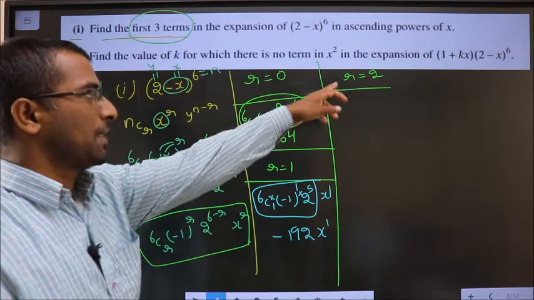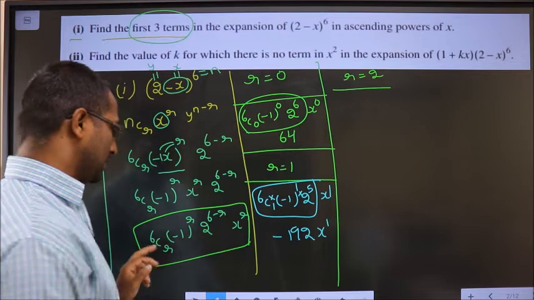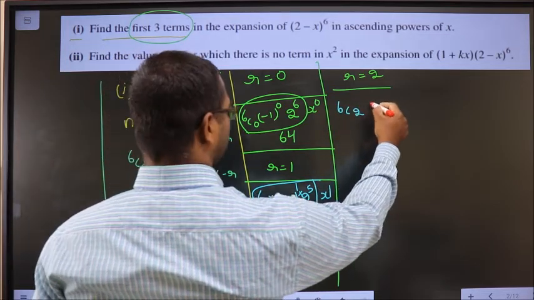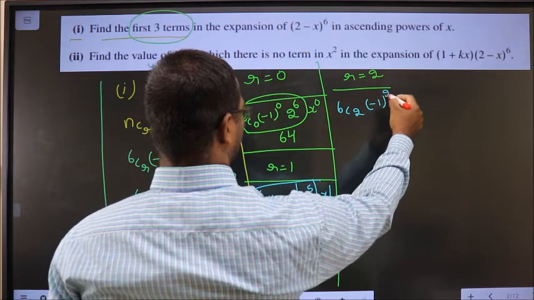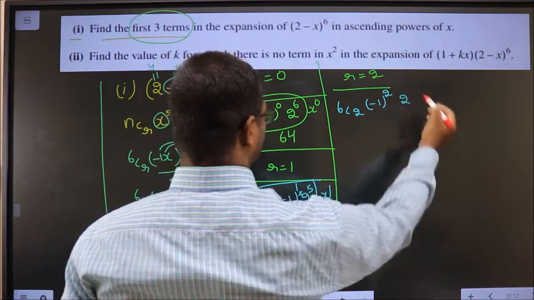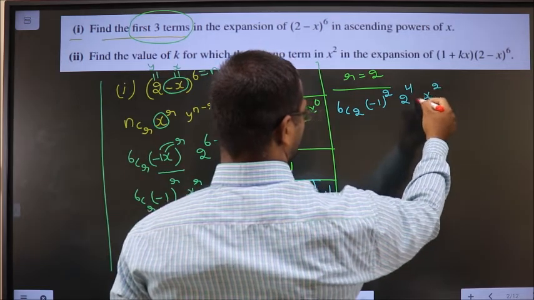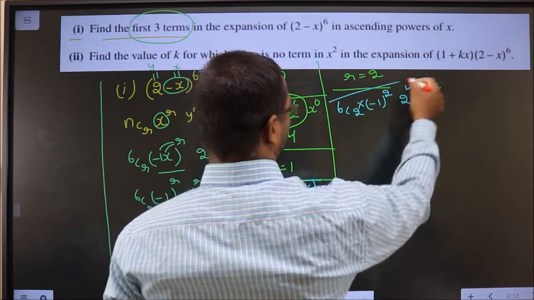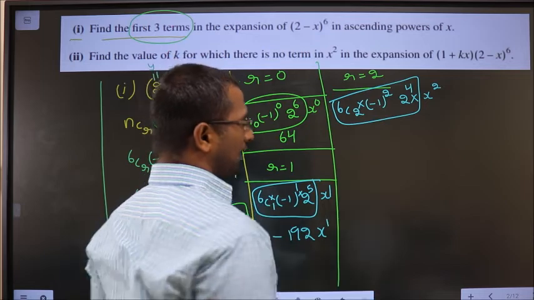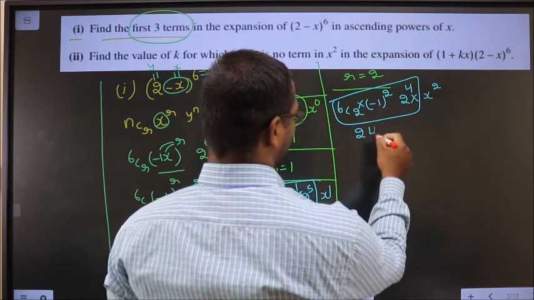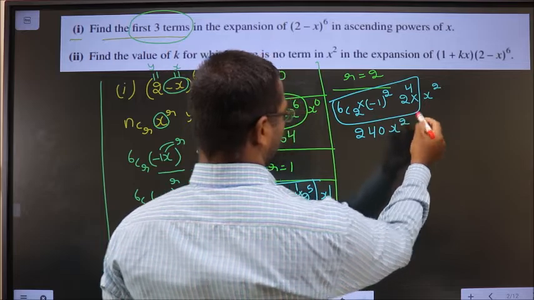Clear? Now, put r equal to 2 in this. So it will be 6C2 minus 1 power 2, 2 power 6 minus 2 is 4, and x power 2. Put all this at once in the calculator, you get the answer to be 240x square.